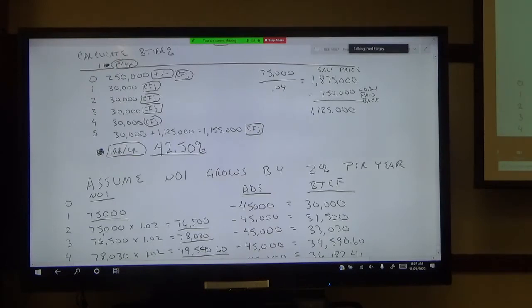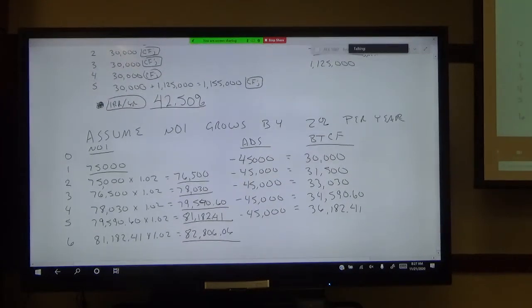So if we say this is, once again, time period 1, 2, 3, 4, and then 5 is not yet complete because we've got to add in the residual. But time period 0 is still the 250,000 of equity that we put in.